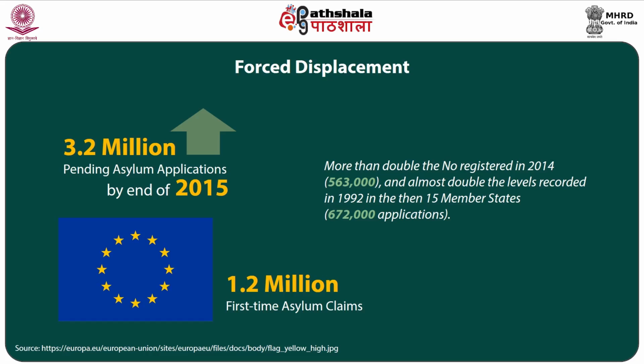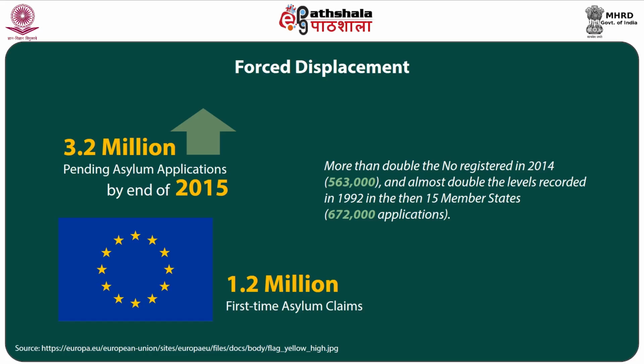The figure of forced displacement related migrants continued to increase, rising to about 3.2 million pending asylum applications globally by the end of 2015. By the end of 2015, the European Union as a whole received over 1.2 million first time asylum claims.